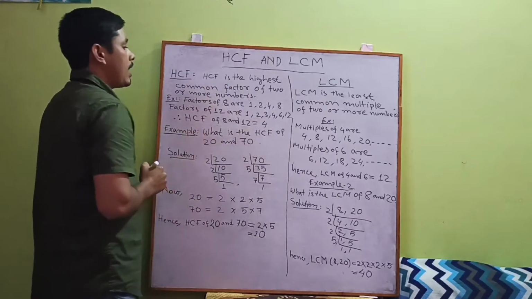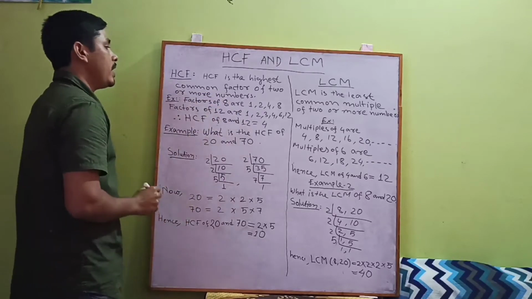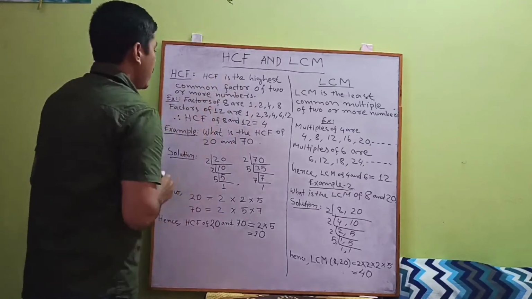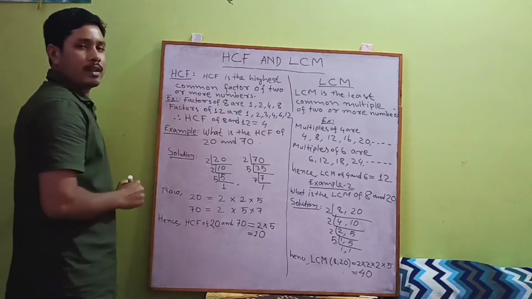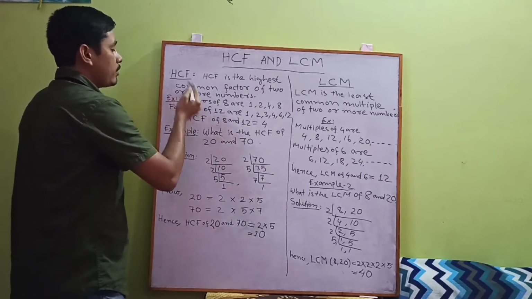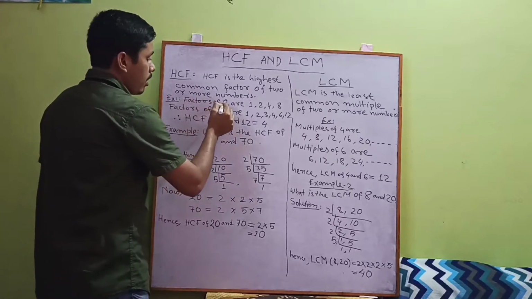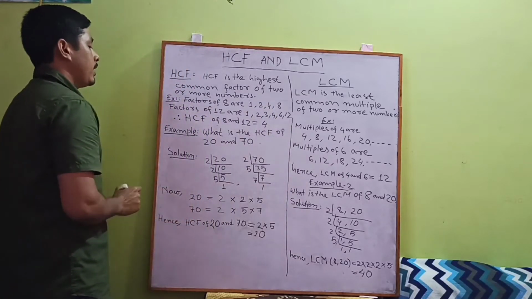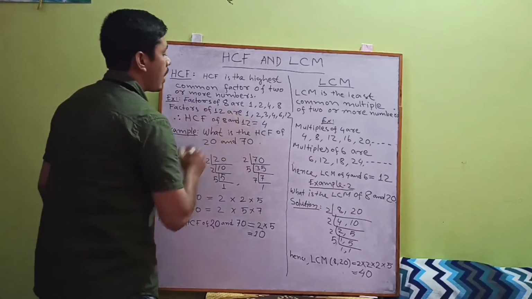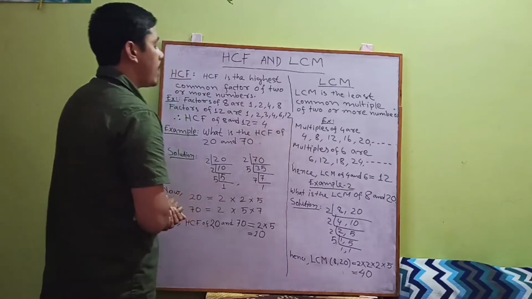HCF is the highest common factor of two or more numbers. It is explained with a suitable example. Look, factors of 8 are 1, 2, 4 and 8. Factors of 12 are 1, 2, 3, 4, 6 and 12.